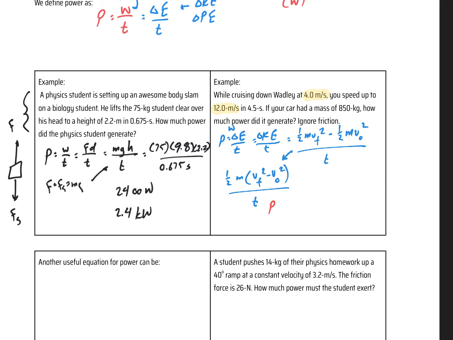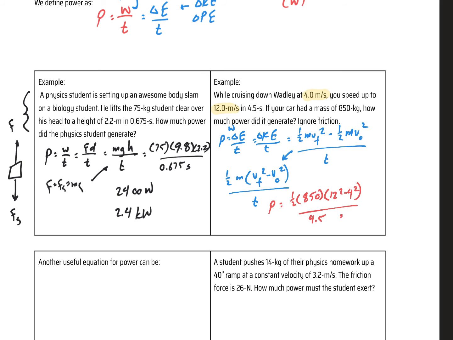So power is equal to 1/2 the mass of 850 times that change in velocity, so the 12 squared minus the 4 squared, over the time interval of 4.5 seconds.